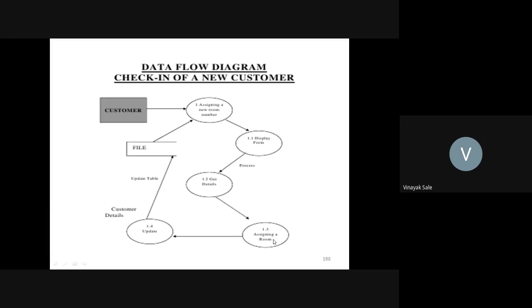Then assigning the room. Then update the details, customer details, update the table and file and assign the room to the customer. This is the data flow diagram of check-in customer.